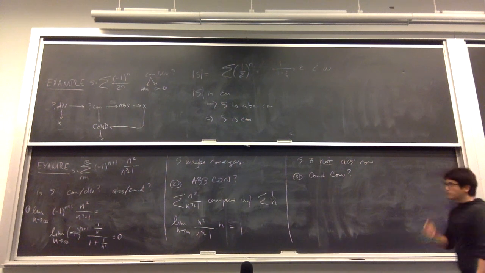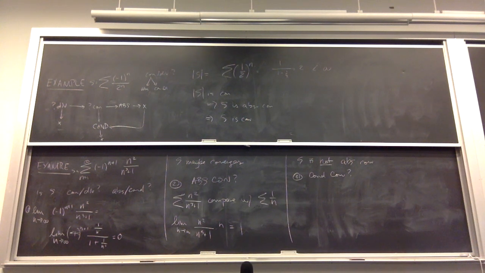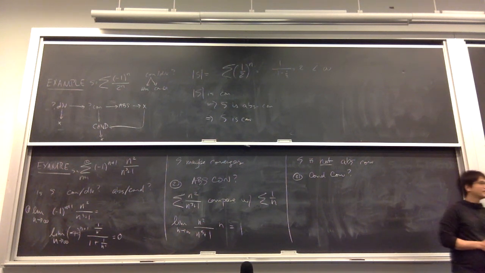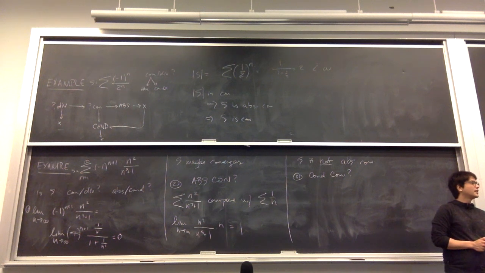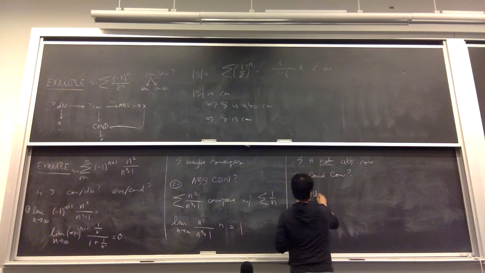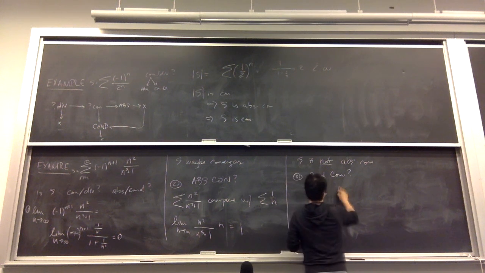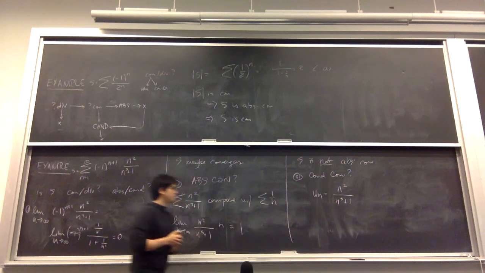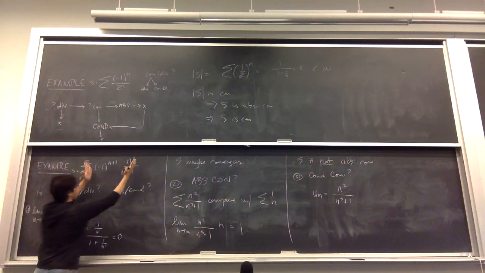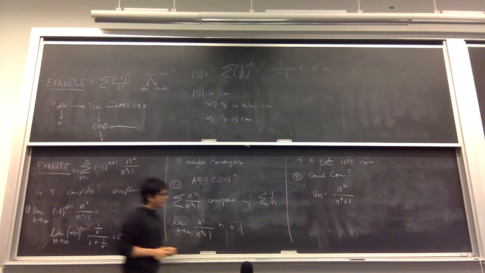Okay, so on this board, let's start. So we have to first ask for what? What is our u in this case? And I'm going to ask you, miss, what's our u? Yes, that's correct. So un is going to be n squared over n cubed plus 1. All you have to do is essentially take the absolute value of that. Just drop all the negatives.